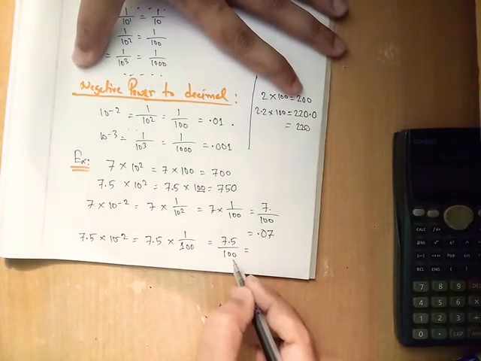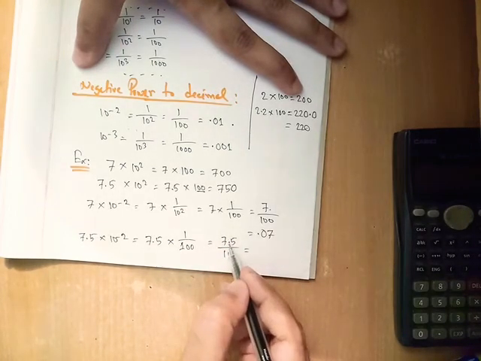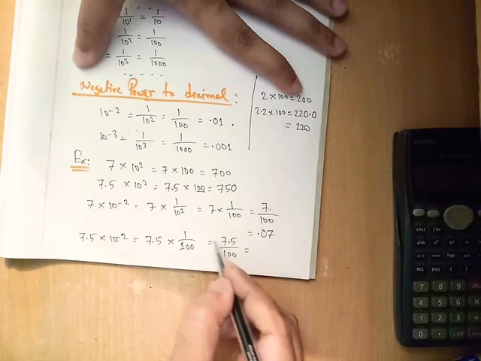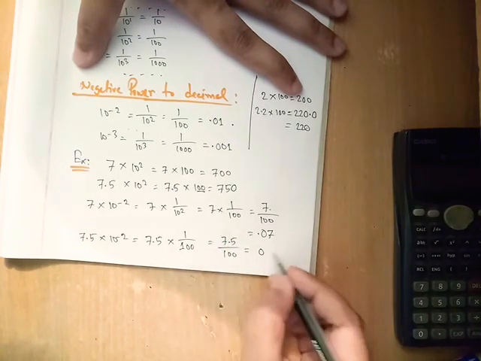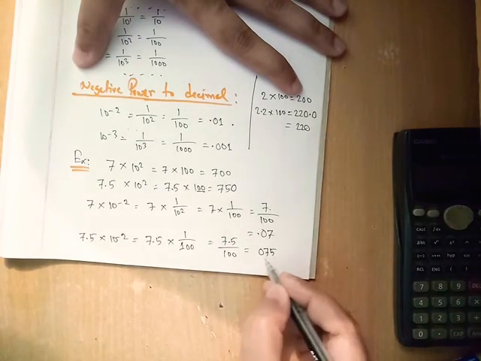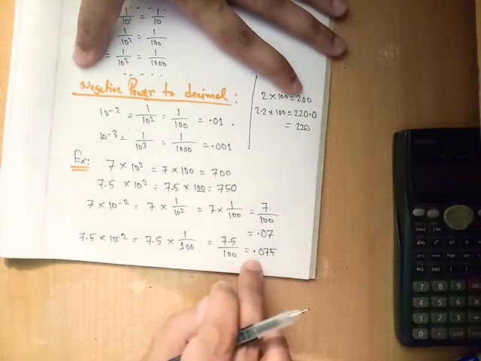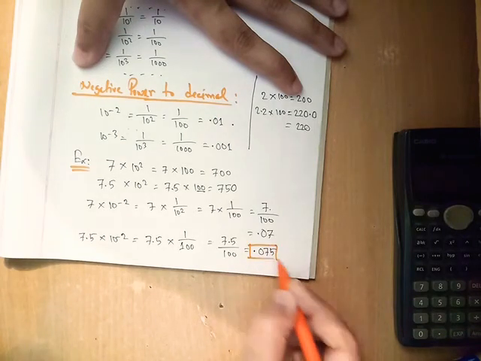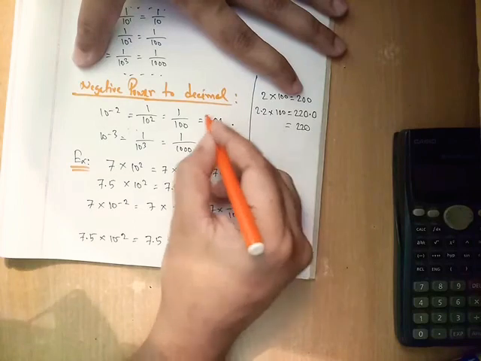Same thing, dividing by 100, so the decimal point will go 2 places to the left. So it is already in between 7 and 5, it will go 2 places. So from here to here, 1 place and another place, but there is a gap. So I'll fill that up with a 0, write the rest 2 digits, 7, 5, and the decimal point in the extreme left. So it gives us back this answer, right? So basically these are the answers, right?